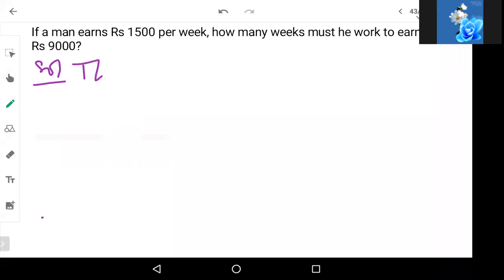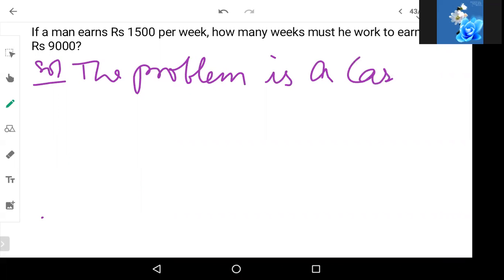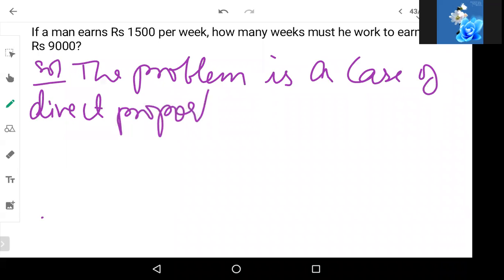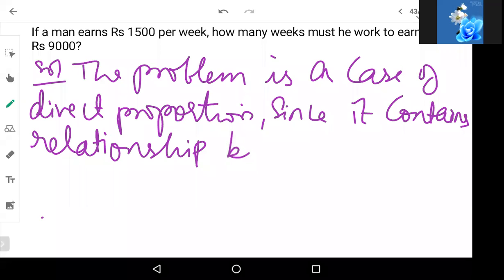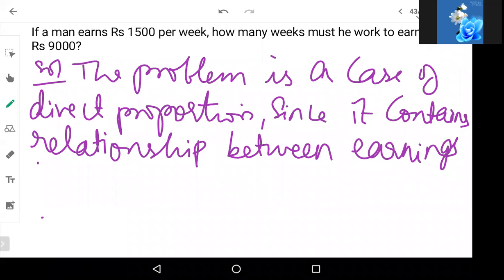The problem is a case of direct proportion since it contains a relationship between earnings to time worked, or earnings to number of weeks worked.